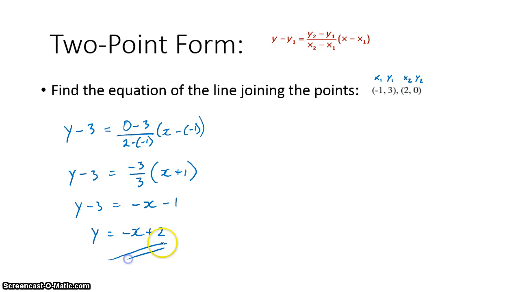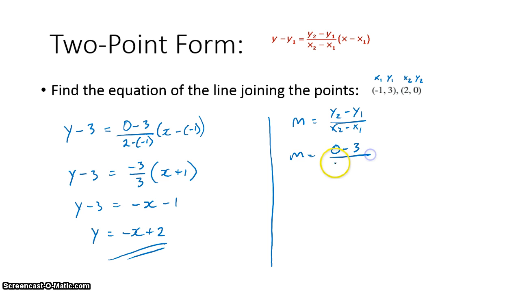Now I promise you there'd be another way. We can still just use y equals mx plus c. First we find the gradient. Remember your gradient, y2 take y1 over x2 take x1. 0 minus 3 over 2 take negative 1. Negative 3 over 3. So gradient is negative 1.